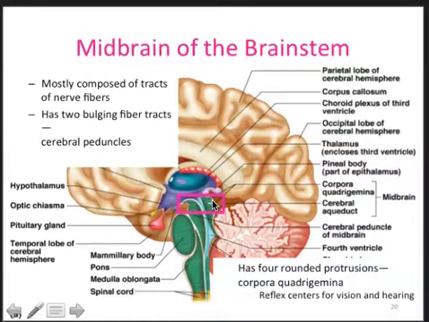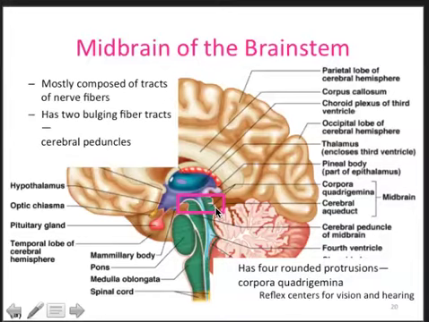And what the corpora quadrigemina does is it receives and interprets information from the visual senses and from the inner ear, which provides our sense of sound as well as our ability to maintain our equilibrium, meaning our ability to stand up straight, to walk and move without falling over.